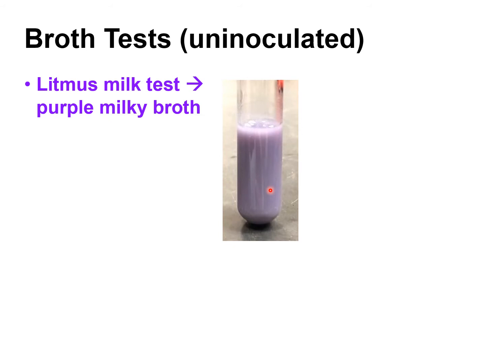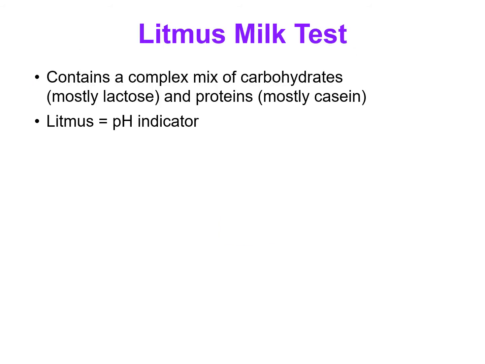So let's take a look at what the litmus milk tests for, and some of the results together. The litmus milk test, one more time, contains a complex mix of carbohydrates. What type of carbohydrates? Mostly lactose. Why lactose? Because this test has milk, and milk has sugar. What type of sugar is in milk?